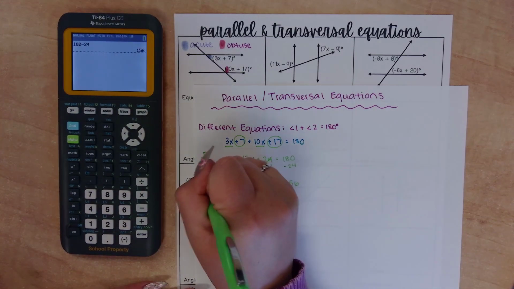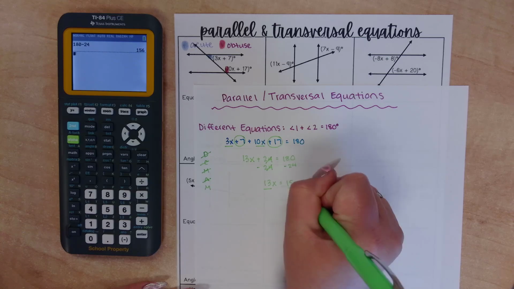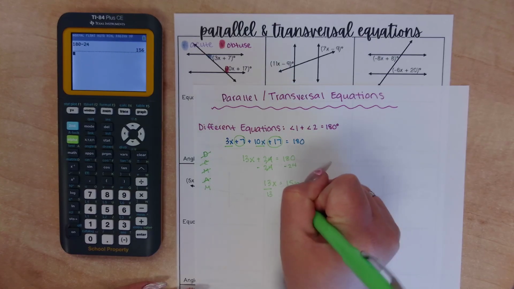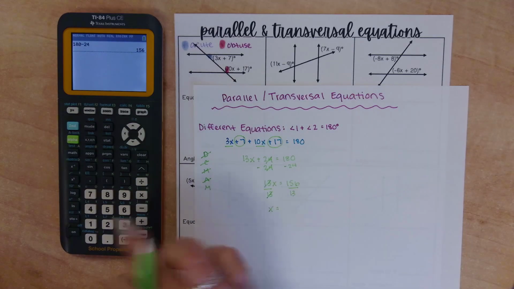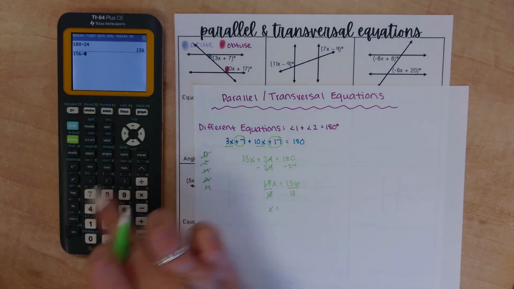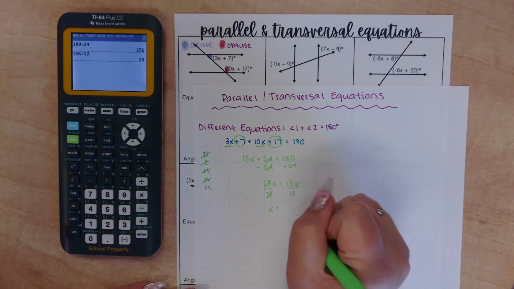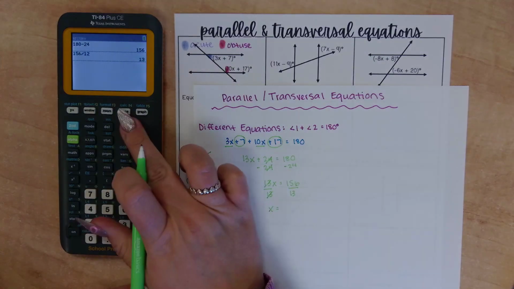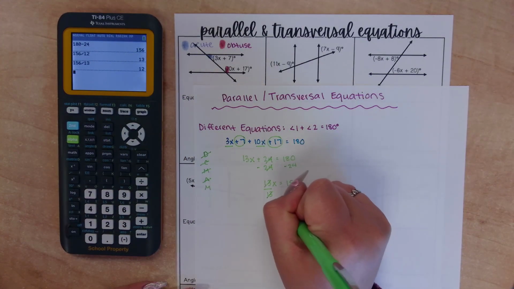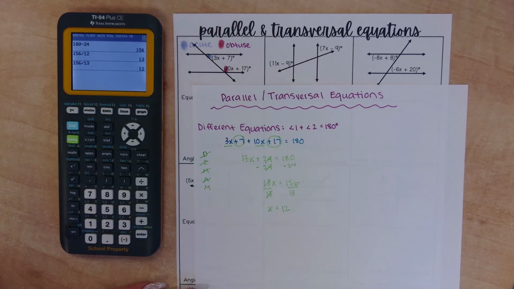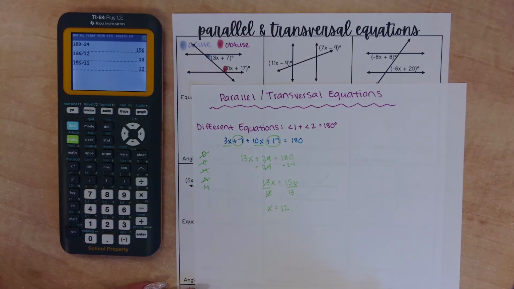Now we're going to multiply or divide, and in this case we would divide because that is the inverse operation. X would equal, and then just go ahead and double check, and I believe it is 13. Oh, I put 12. My goodness, I knew that wasn't right. 12. There we go. My bad. So now I know that in this equation, x is going to equal 12.